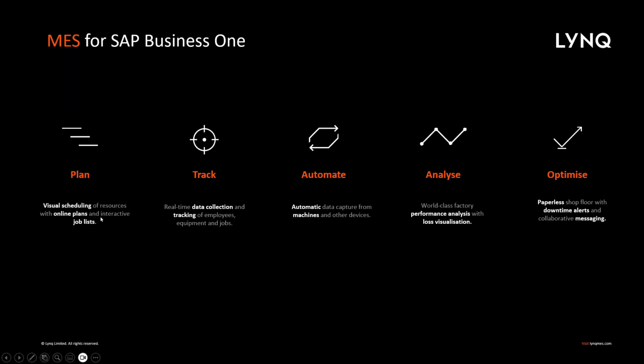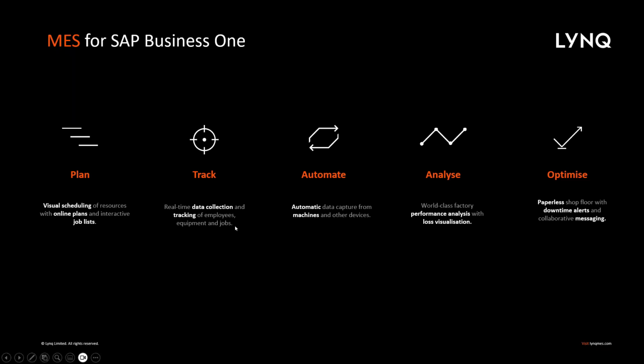That plan is out there visible pretty much anywhere in the business. Typically out on the shop floor, most customers will have 10, 12-inch tablet screens positioned around the shop floor near the work centres or machines.